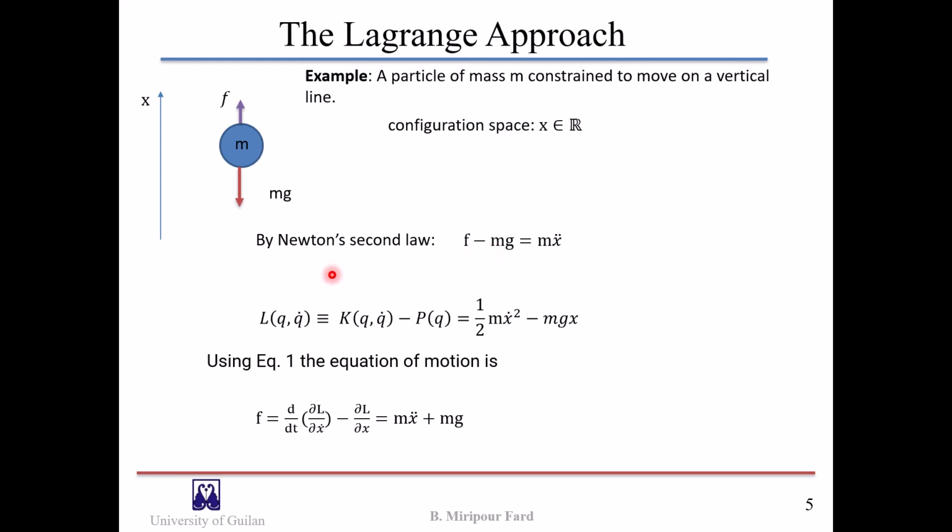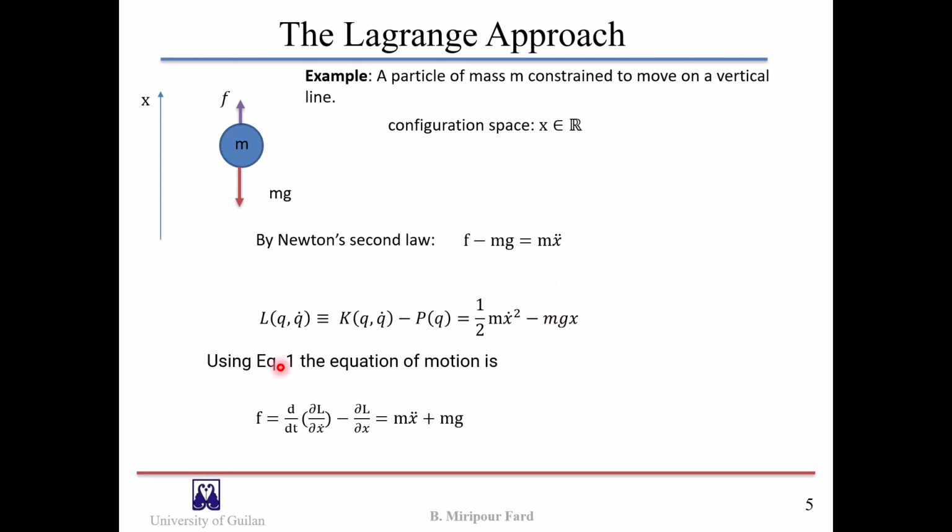We now apply the Lagrangian formulation to derive the same result. The kinetic energy is half of m times x dot to the power 2, and the potential energy is mgx, and the Lagrangian is the kinetic energy minus potential energy, and you can see the relation here.